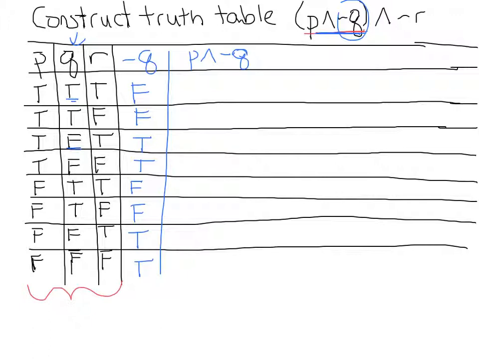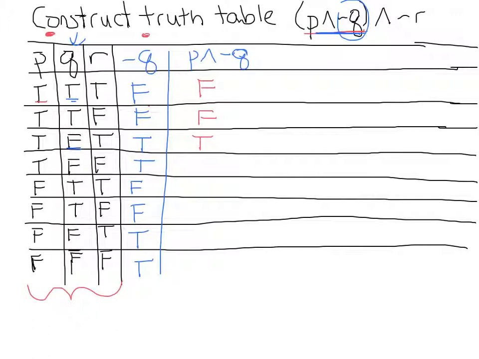So everywhere we have one of them true and one of them false, that's going to be a false statement. Okay, so right here in this column, we're going to refer to our P column and our not Q column. Here we have true and false, therefore this is false. True and false in our second column. True and true, this is the only situation where that compound statement is going to be true.